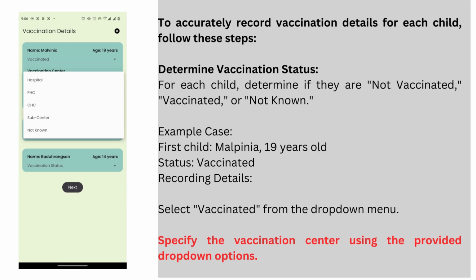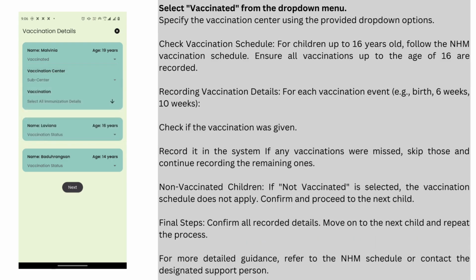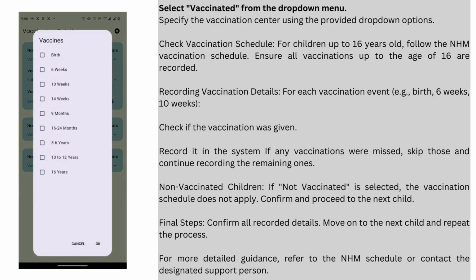We will see a drop down in this case. In this drop down, since she has attained 19 years old, all the schedule up to the age of 16 years is there, as per the NHM vaccination schedule.